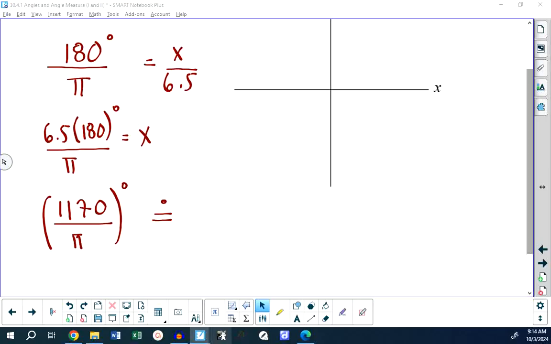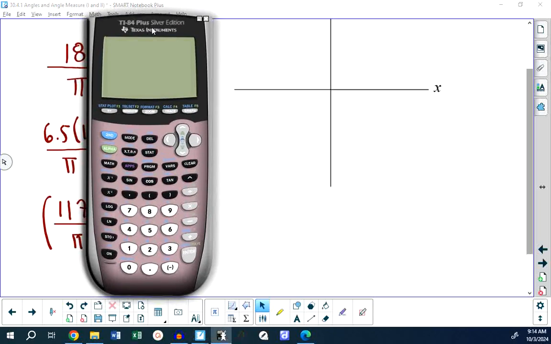So now take your calculator and put that in your calculator. Let's get a decimal approximation of this thing. Just don't know where my calculator is. Oh, it's hiding. There it is. So when you go 1170 over pi, do you get approximately 372 degrees?